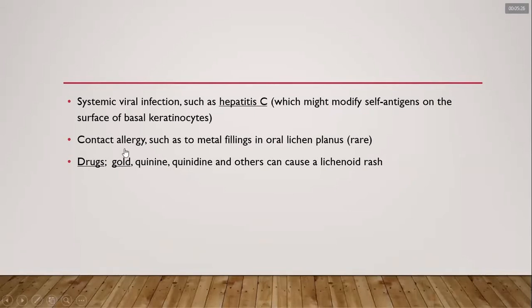Also, contact allergies, such as to metal fillings in oral Lichen planus, are a rare causative factor. Drugs which can cause a lichenoid rash in lichenoid drug eruption are gold, quinine, and quinidine.